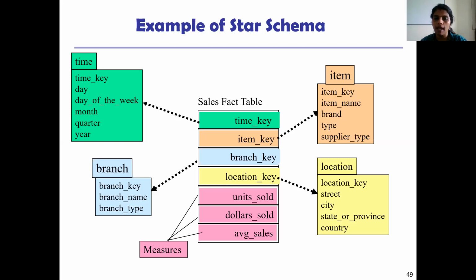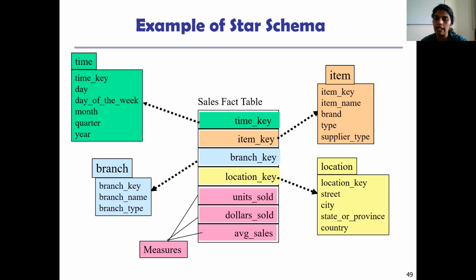The sales fact table consists of keys to each of the dimension tables. There is a time key which maps to the time dimension table, an item key which maps to the item dimension table, a branch key which maps to the branch dimension table, and a location key that maps to the location dimension table.